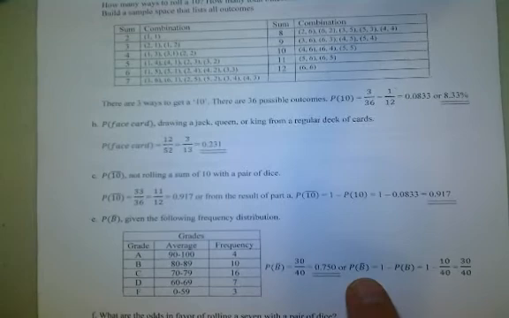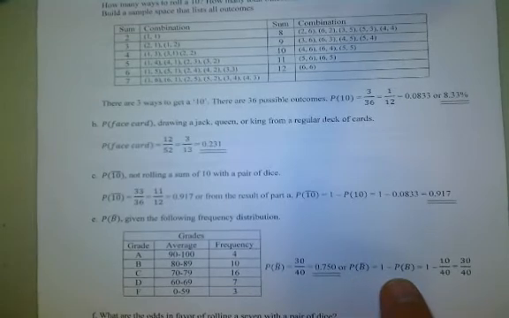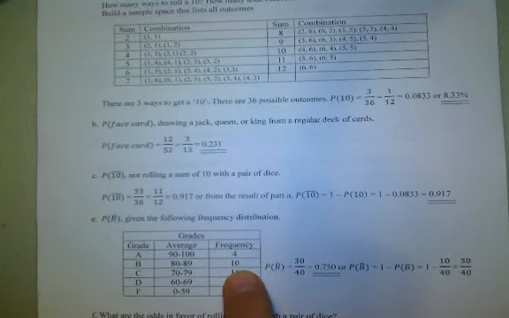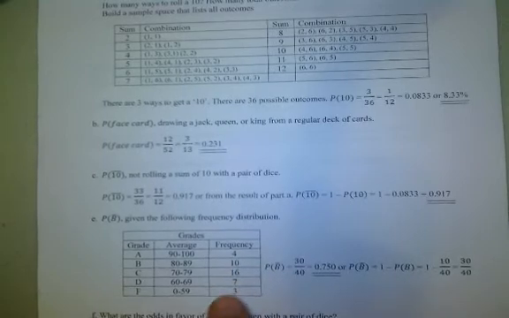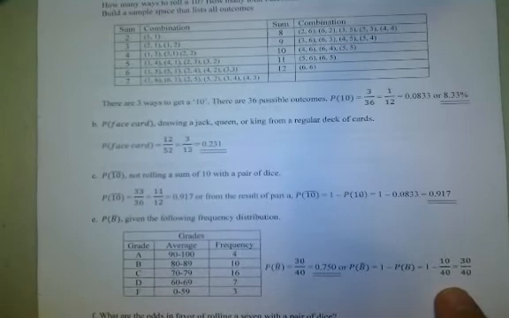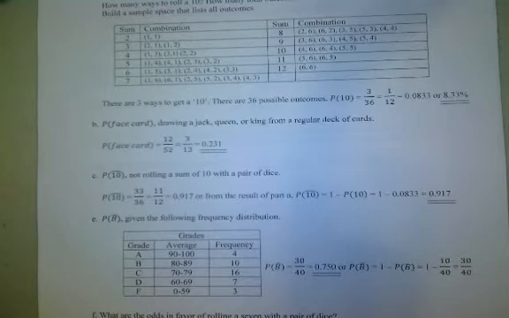Or the probability of not getting a B could have been 1 minus the probability of getting a B. Well, there's only 10 of them. The probability of actually selecting a B would be 10 out of 40. So 1 minus 10 out of 40, we're back to our 30 out of 40. Now you might say, well, which way are you supposed to do it?